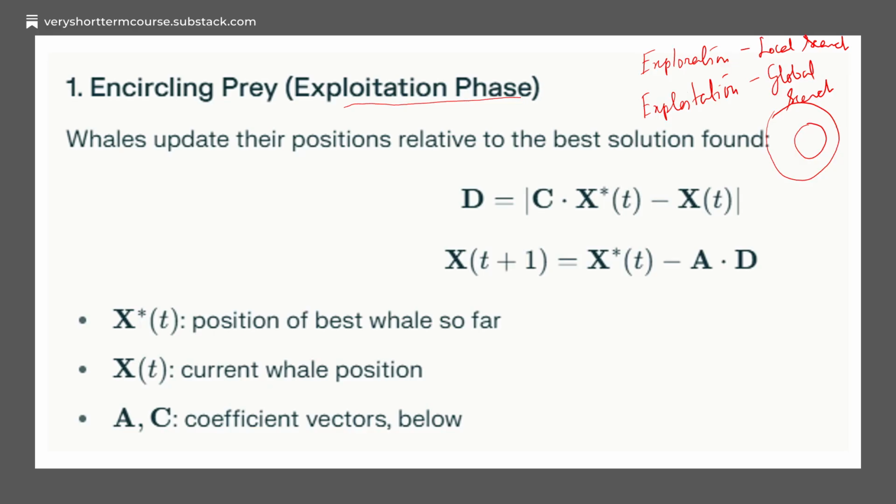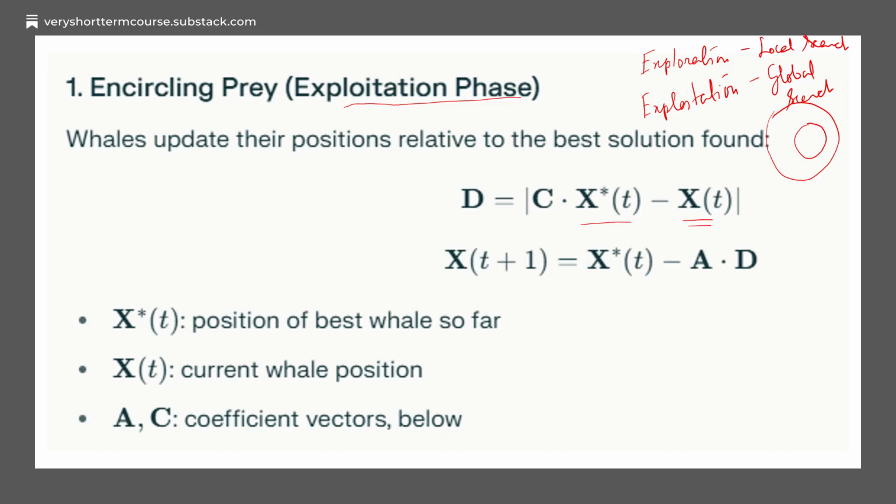So you forget about whale if you concentrate on the mathematical concerns. Then this X star t is the x for which the best y has been generated, and this X is the current solution that you have generated in the present iteration. Clear? And this C is actually a coefficient vector that I will discuss in a later slide.